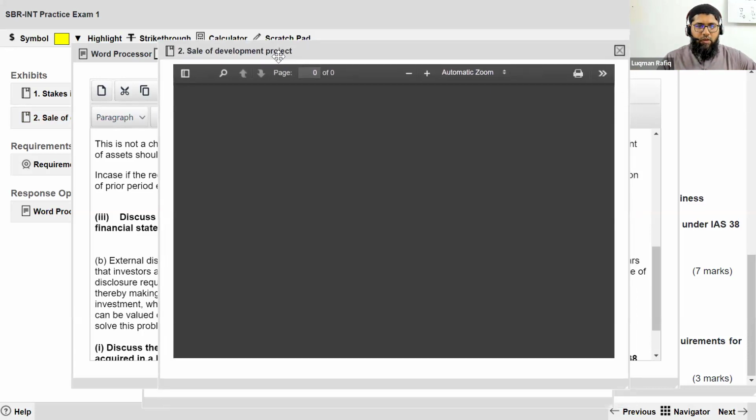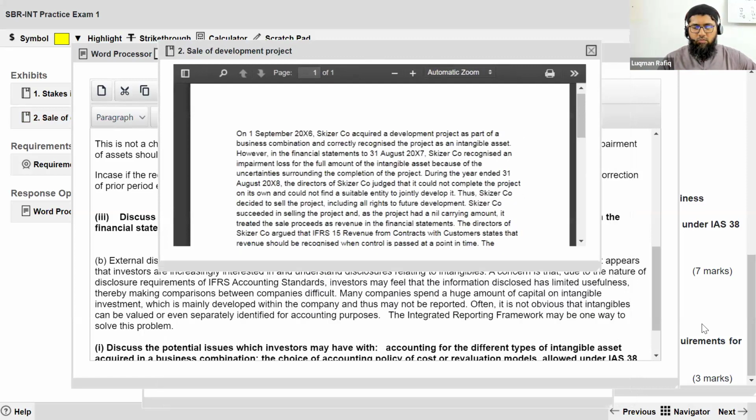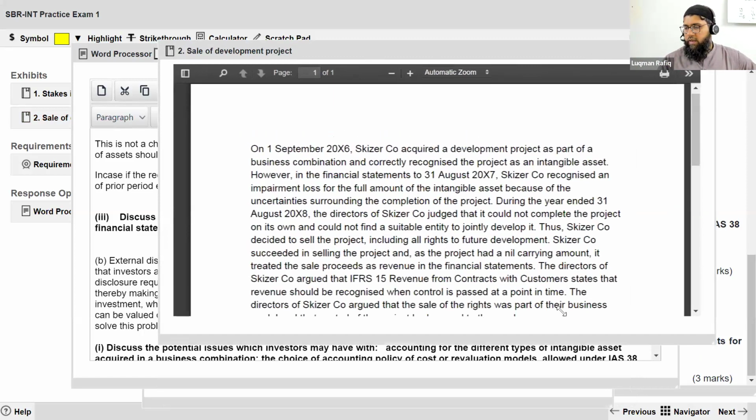Now, it talks about another area, which is the sale of the development project. Can you go through this now?